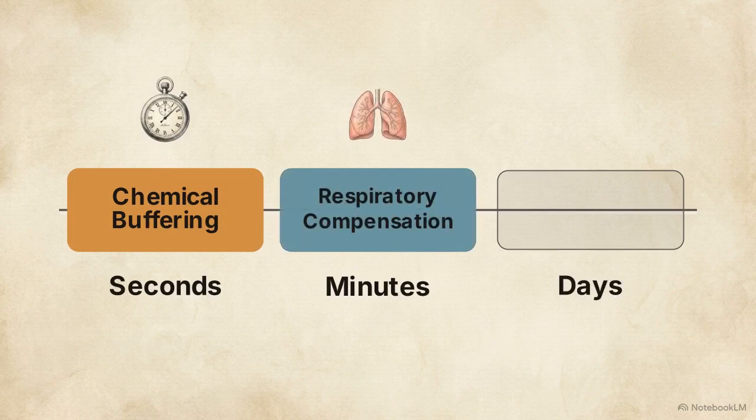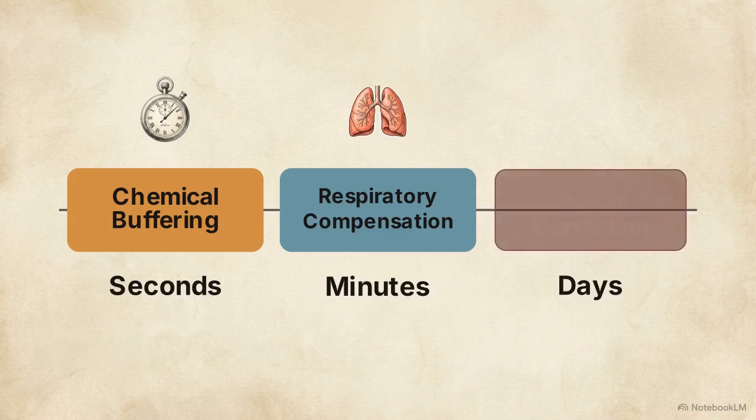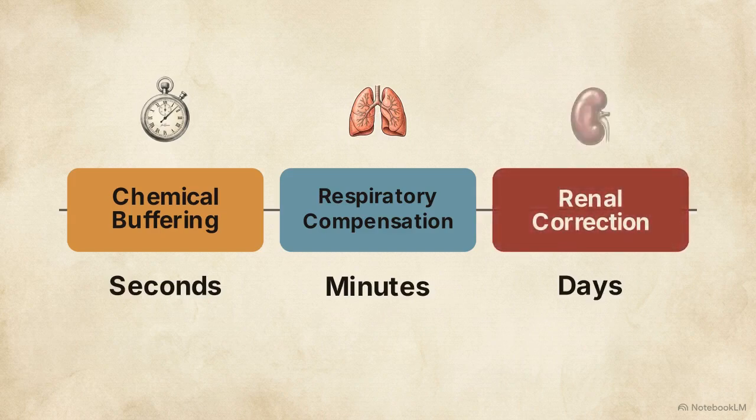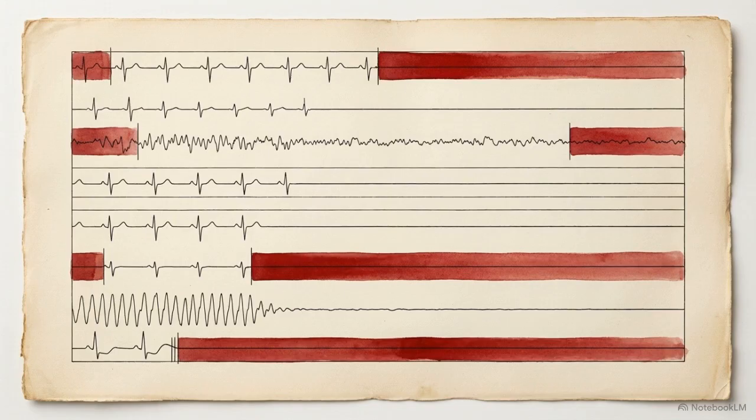This is followed by intermediate respiratory compensation, which activates over minutes to hours. The final phase is delayed but definitive renal correction, which takes days to complete. Mastering this chronological structure is necessary for diagnosing mixed acid-base disorders and predicting when a patient is about to decompensate.